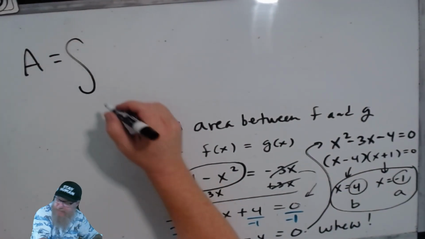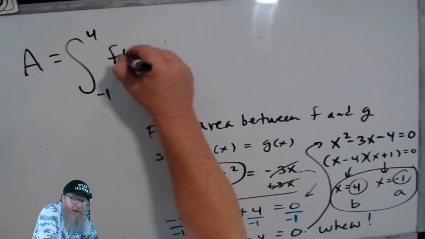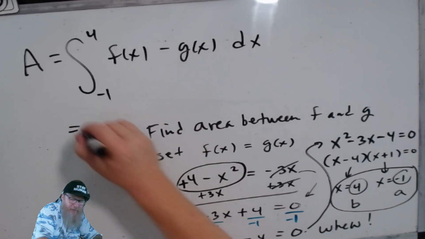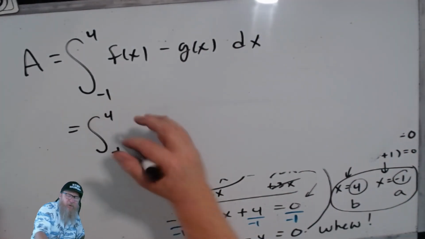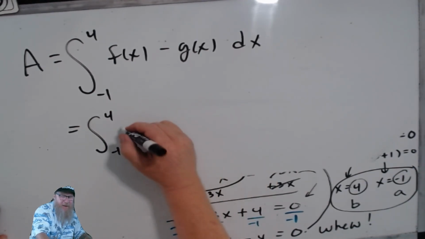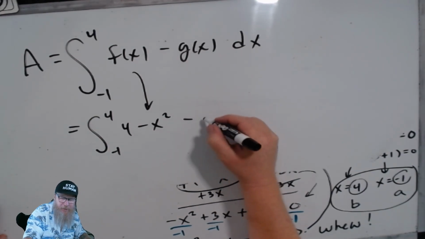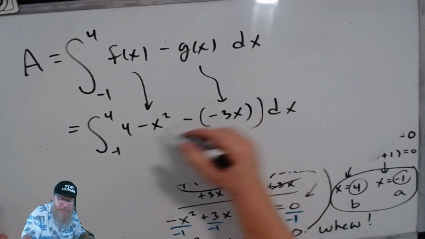The area is the integral from -1 to 4 of f of x minus g of x dx. So all of that work was just to get to this step. F of x was 4 minus x squared. G of x was -3x.